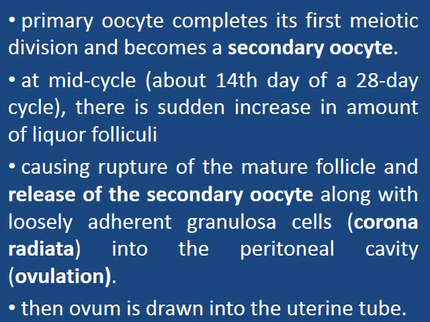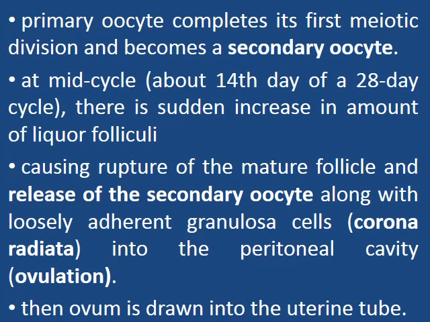Primary oocyte completes its first meiotic division and becomes a secondary oocyte. At mid-cycle, that is about 14 days of a 28-day cycle, there is sudden increase in amount of liquor folliculi, which causes rupture of mature follicle and release of the secondary oocyte along with loosely adherent granulosa cells, that is the corona radiata, into the peritoneal cavity, and this process is called ovulation.